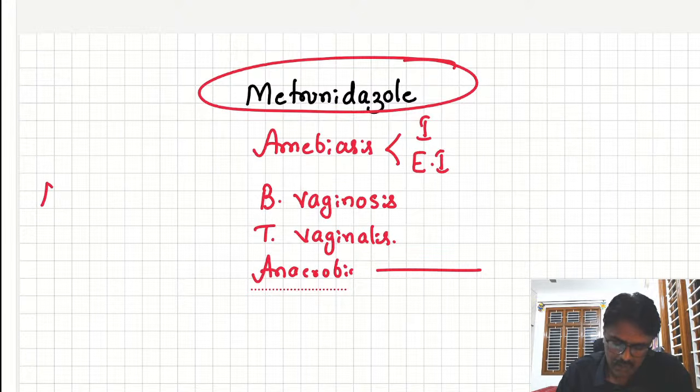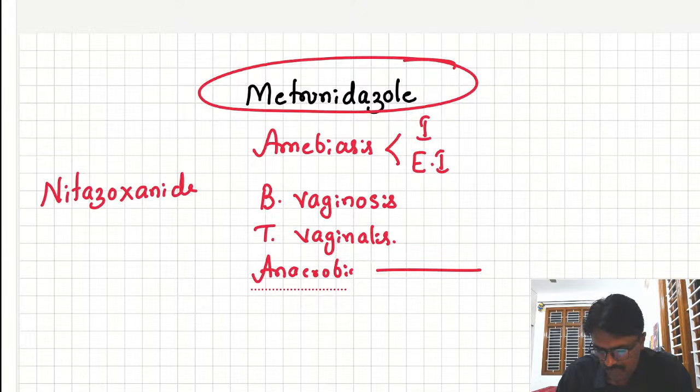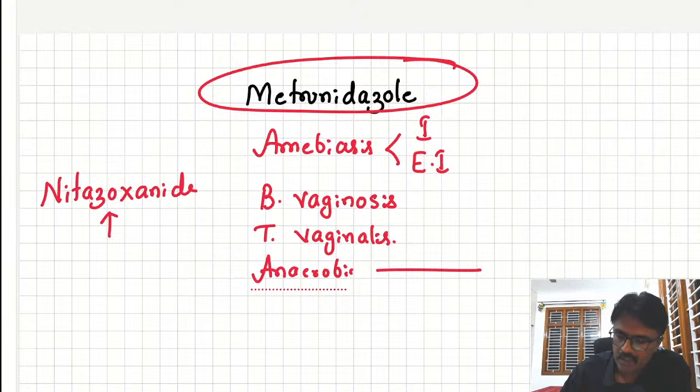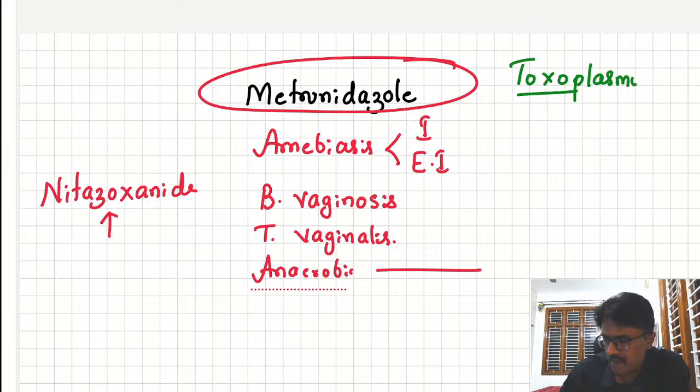Yes, can you tell me in which condition nitazoxanide is the drug of choice? Which organism is nitazoxanide the drug of choice for? For toxoplasmosis, let me tell you, the drug of choice is sulfadoxine plus pyrimethamine.